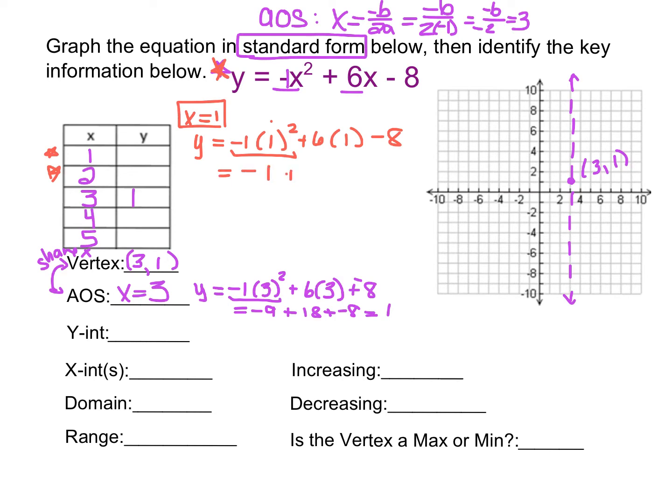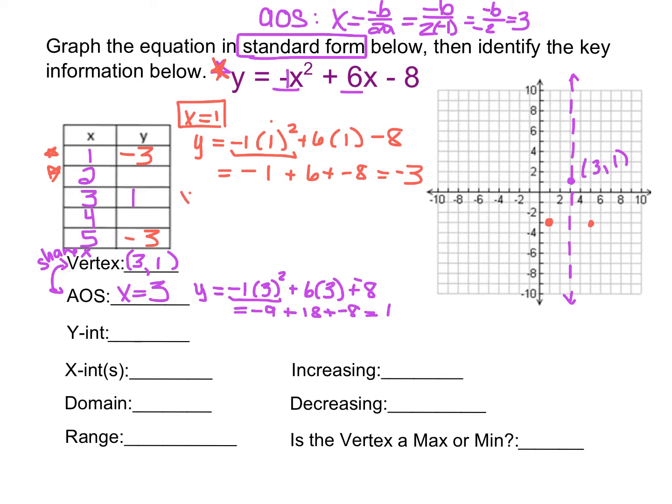So I have negative 1 plus 6 plus a negative 8. Well, negative 1 plus 6 is 5, and 5 plus a negative 8 is negative 3. So here I have the point x is 1, y is negative 3. Then I know that because of symmetry, 5 is also going to be negative 3. So I can apply that right away and see the symmetry around it.